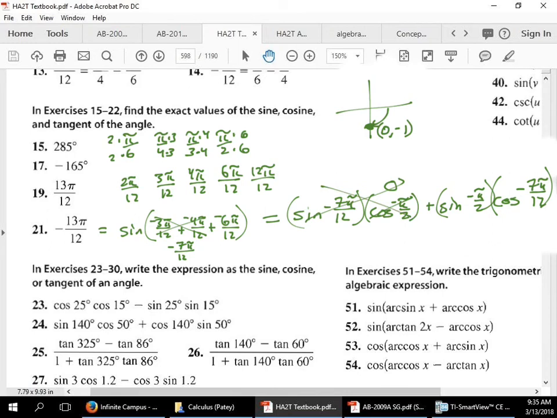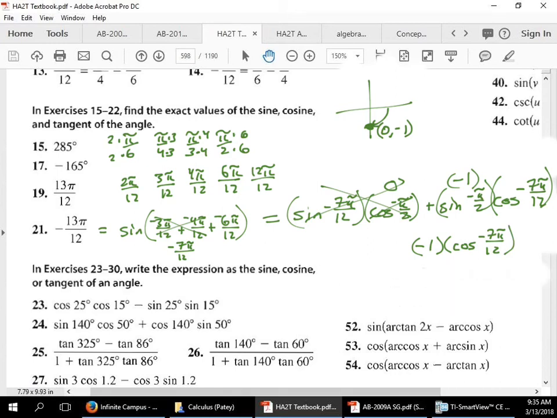Over here, what is sine of negative pi over 2? Negative 1. Okay, so things aren't that bad. So I have negative 1 times cosine of negative 7 pi over 12. You know what I'm going to do with that? I have to split up that negative 7 over 12.